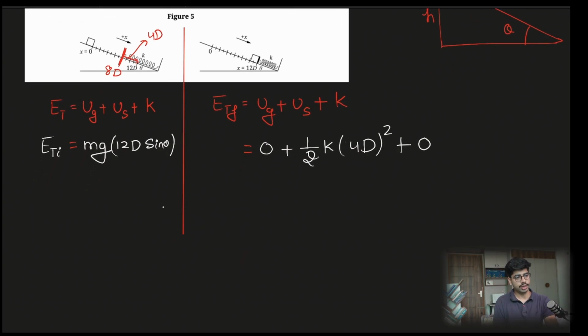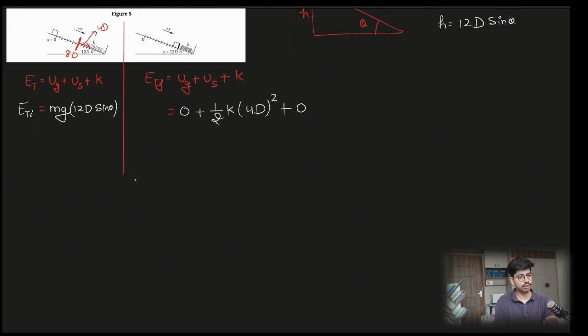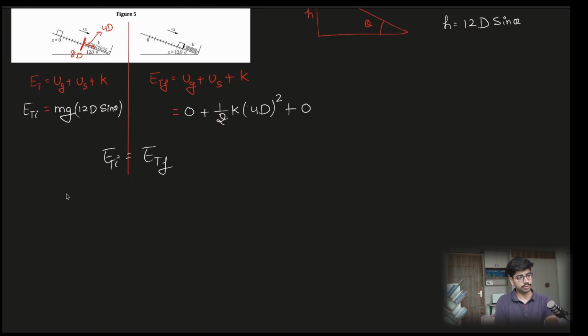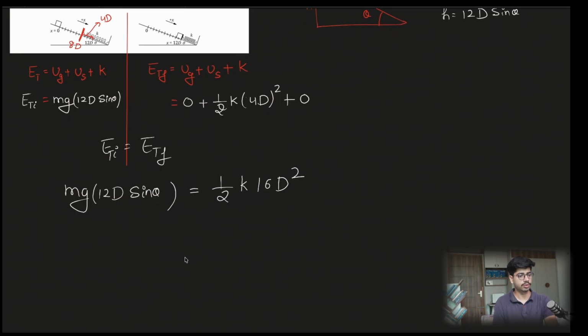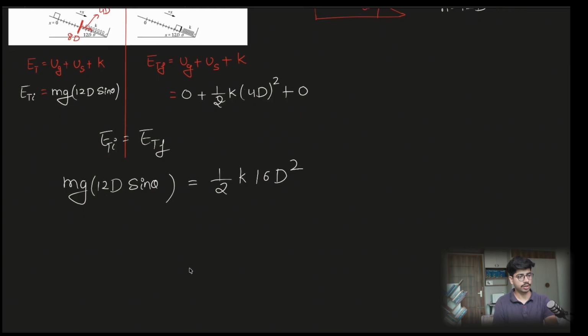As we know, by energy conservation, the total energy, whatever the initial amount, is always going to remain the same. So let's plug that in: mg 12d sine theta is going to become half k 16d squared, and then you just have to reshuffle a few things and you'll get your answer.